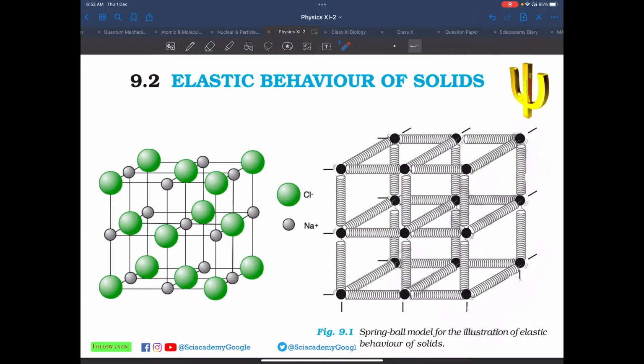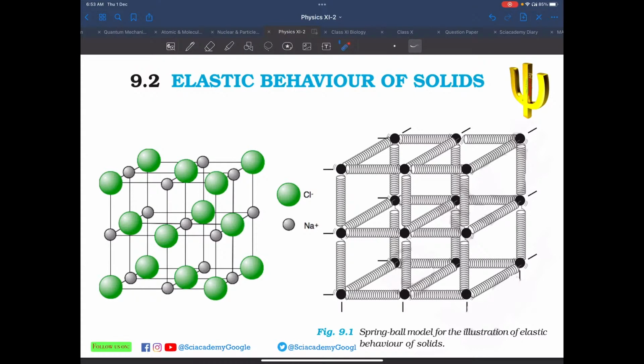So, if we talk about the elastic behavior of the solids, then you must think of the solids at the microscopic level, how the ions or molecules of the solids are arranged on the atomic level or molecular level.